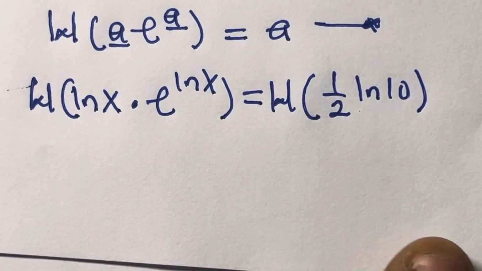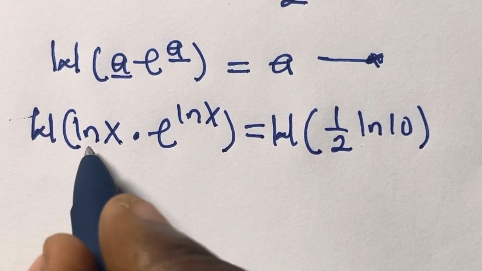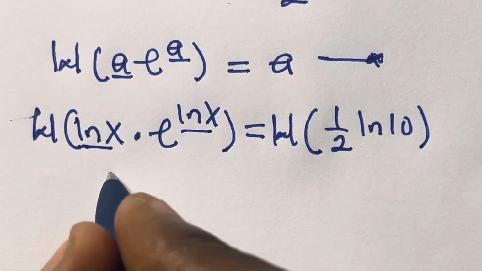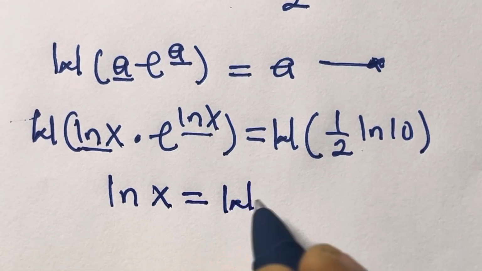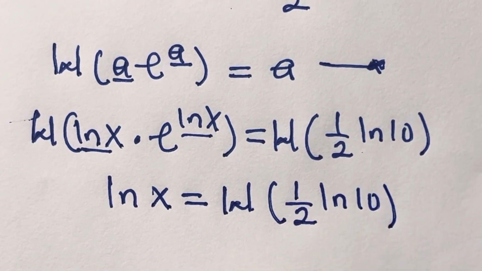All right. So now, since the base and the power are the same, from the Lambert function here we will have ln x equals the Lambert function of 1 divided by 2 ln 10.